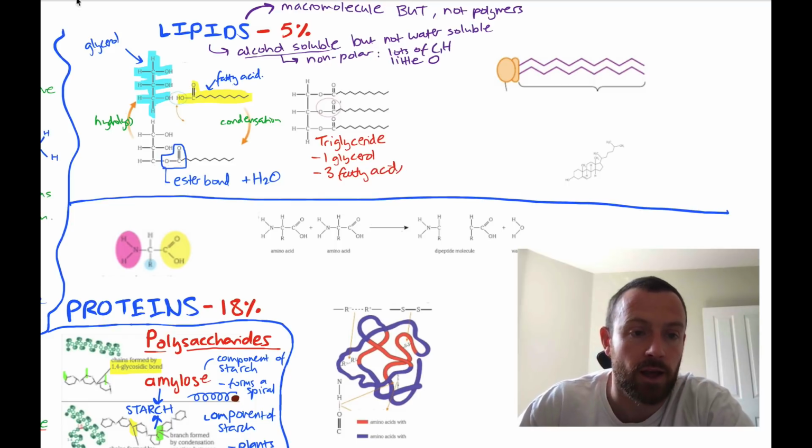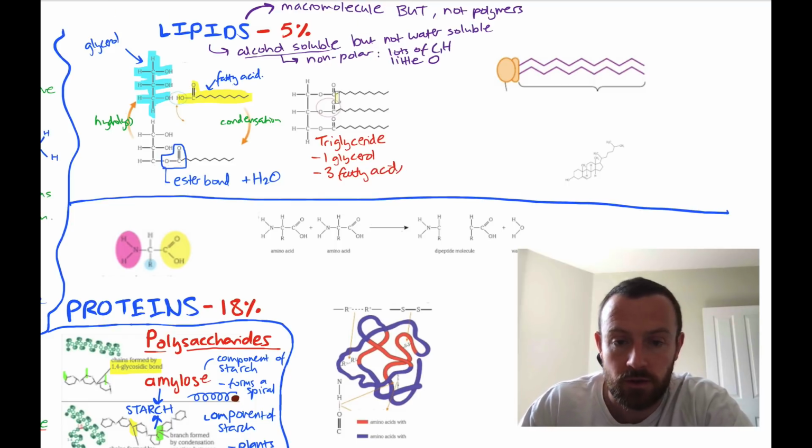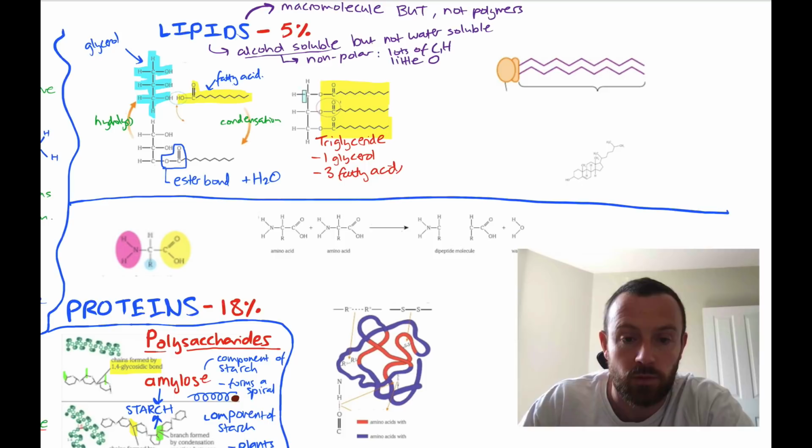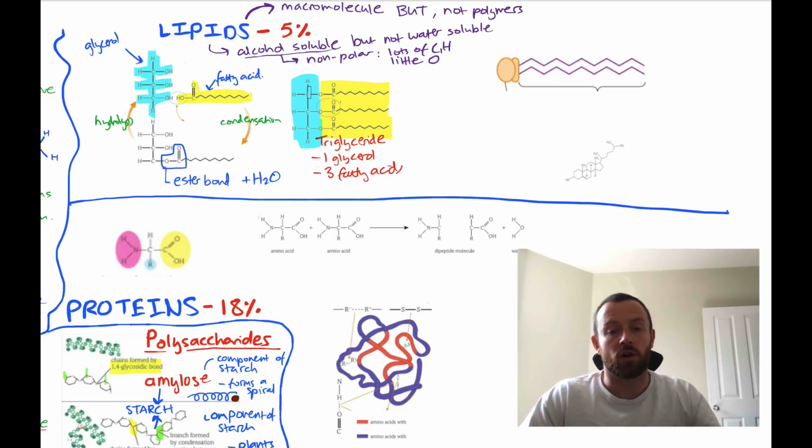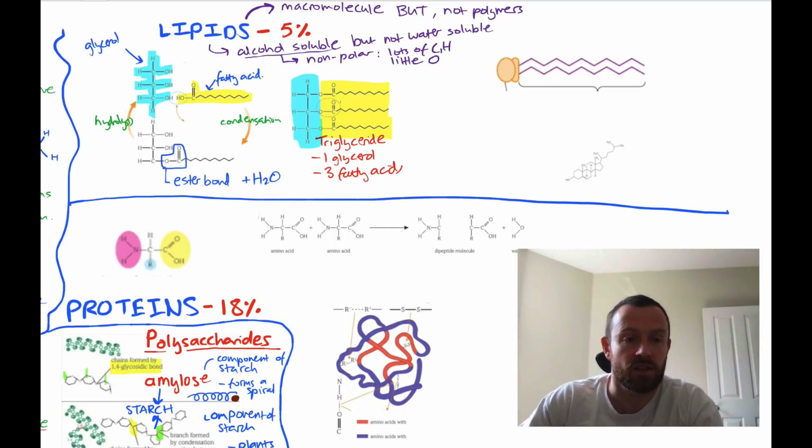If I highlight again in those colours, we've got a fatty acid there, another fatty acid there, and another there, 3 of them, and we've got our glycerol molecule here. So glycerol, and 1, 2, 3 fatty acids there. So triglycerides are basically fats used for storage.